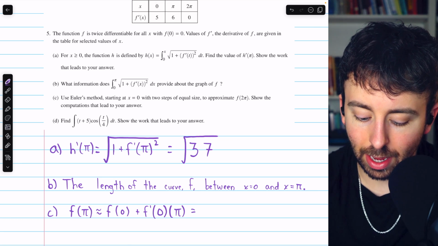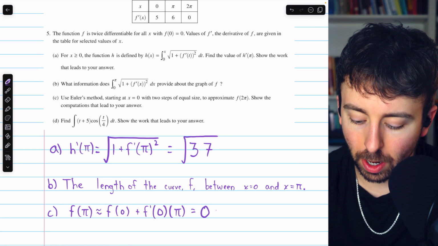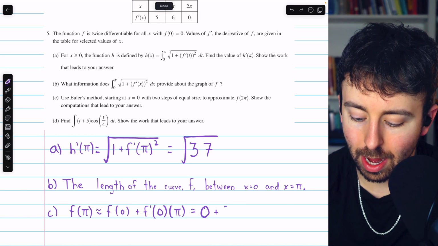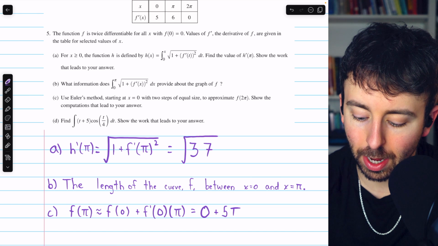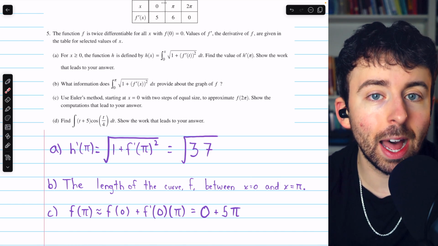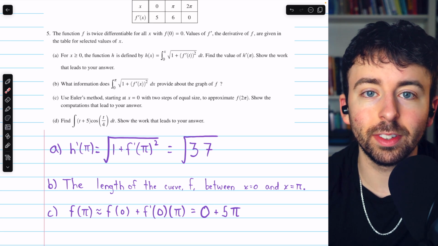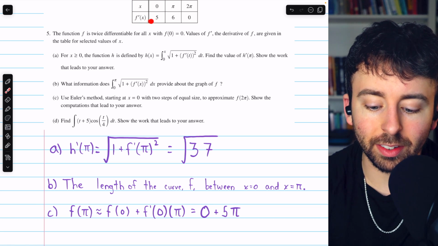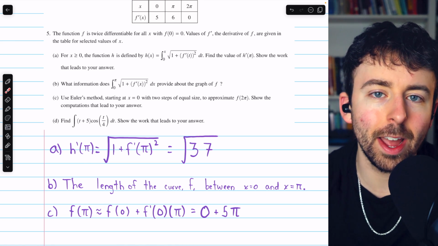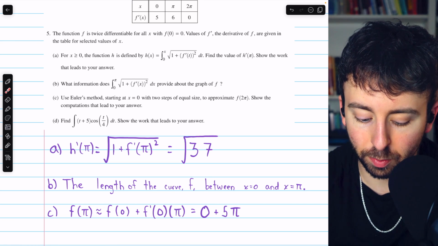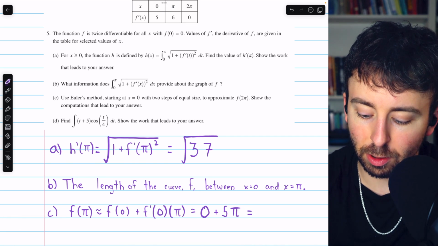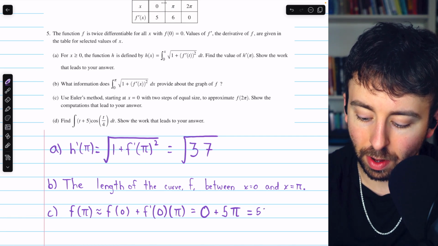So this equals f of 0 we know is 0, and then f prime of 0 we know is 5 from the table. And then, of course, this is getting multiplied by pi. So if we increase x by pi, starting at x equals 0, the derivative tells us that y should increase by approximately 5 times that increase in x, so 5 pi. So our approximation for f of pi is just 0 plus 5 pi, which is 5 pi.